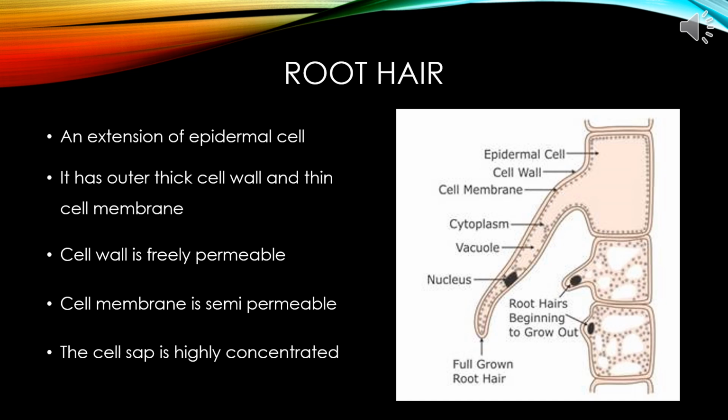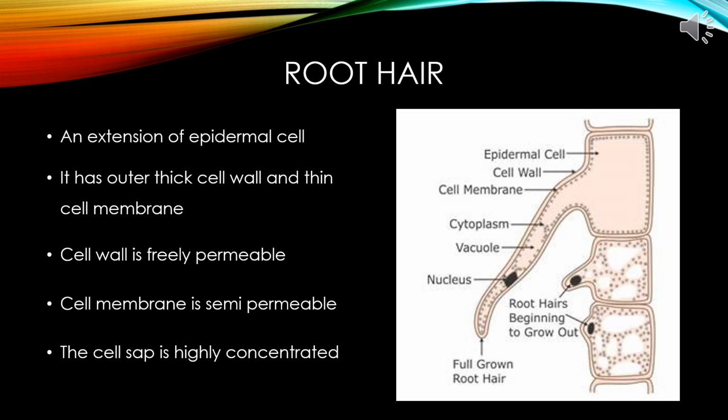Like other plant cells, these cells also have an outer thick wall and an inner cell membrane. The outer thick wall is called the cell wall and the inner thin membrane is called the plasma membrane or cell membrane.